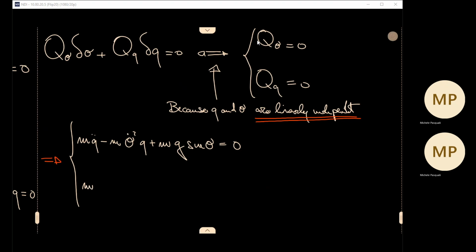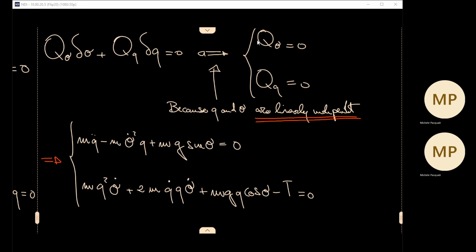And then M Q squared theta dot plus 2 M Q dot Q and theta dot plus M G Q cosinus of theta minus T is equal to 0. 2 degrees of freedom, Q and T, 2 equations. These are the equations of the dynamics of this system, derived using D'Alembert's theorem.